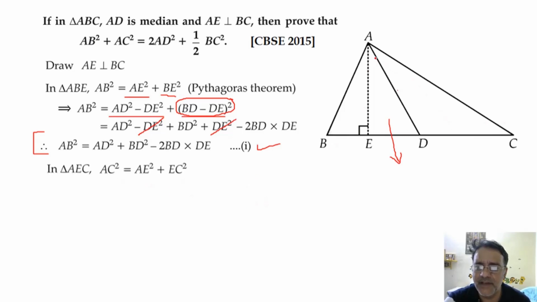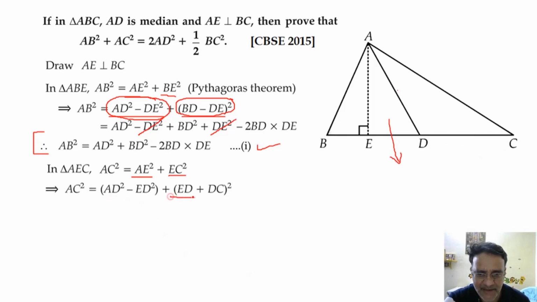Now, next we are going to take this triangle. Just now I told you AEC. AC square is equals to AE square plus EC square. Again, I would like to replace AE by this one, AD square minus DE square. And EC can be written as DE plus DC or CD.